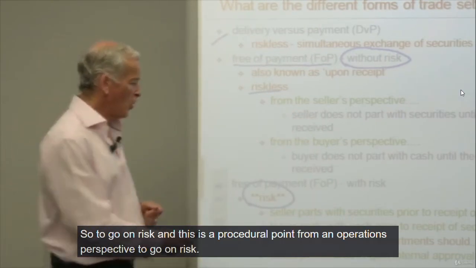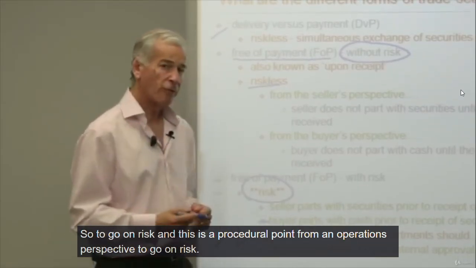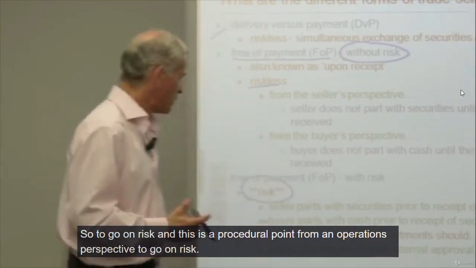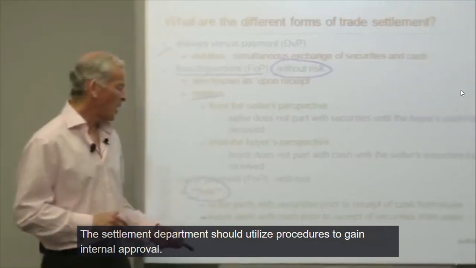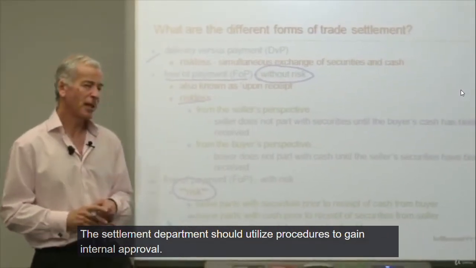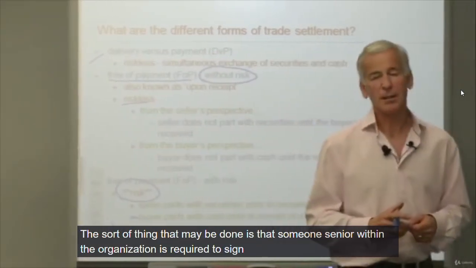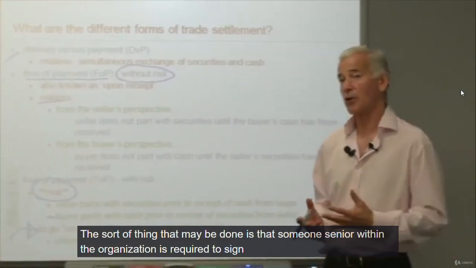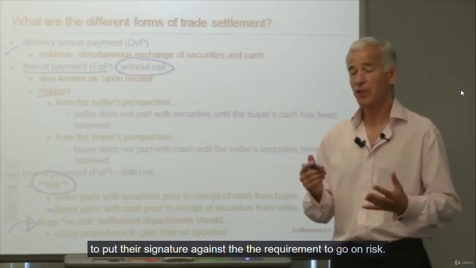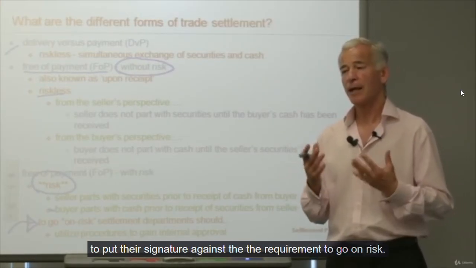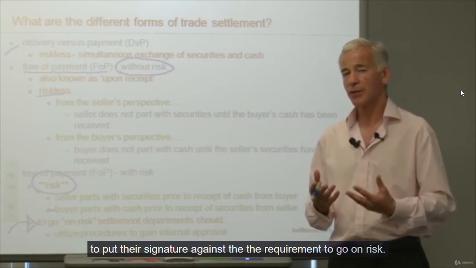So to go on risk, and this is a procedural point from an operations perspective, the settlement department should utilise procedures to gain internal approval. The sort of thing that may be done is that someone senior within the organisation is required to put their signature against the requirement to go on risk.